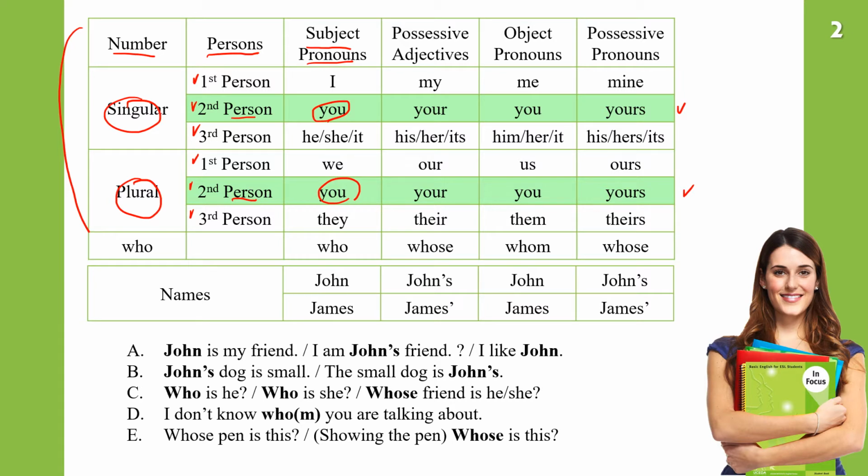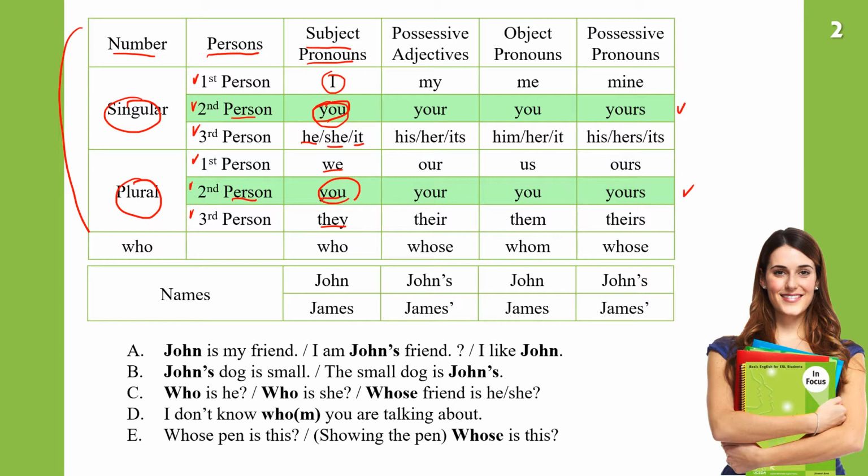Okay, here, subject pronouns. First person singular, I. Second person singular, you. Third person singular, he, she, it. First person plural, we. Second person plural, you. Third person plural, they. Now, possessive adjectives.